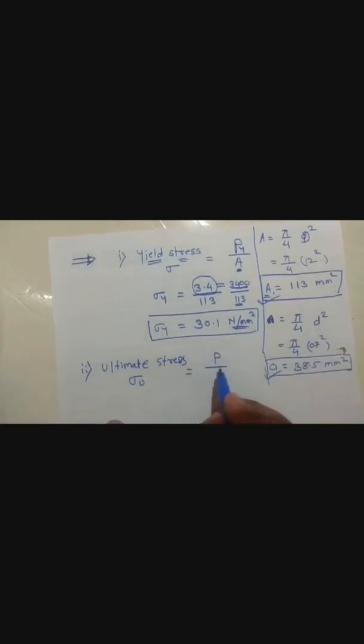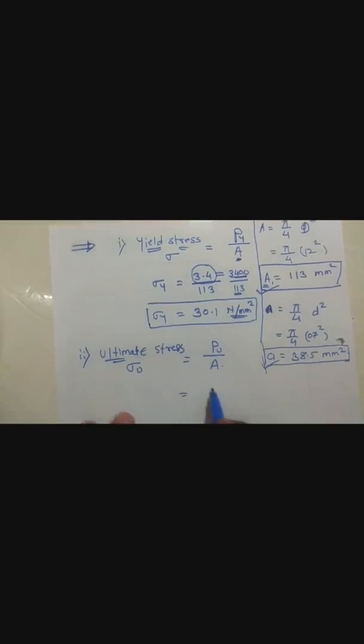Then we have the second point, ultimate stress. Sigma u is equal to a similar formula which we know, P upon A, and here we have to find ultimate stress, therefore we have to use P of u. Now P of u is 6.1.